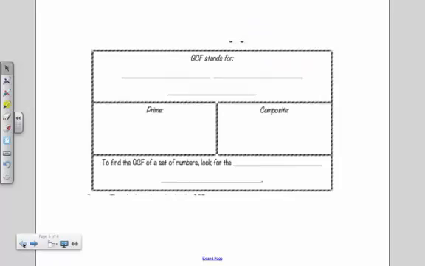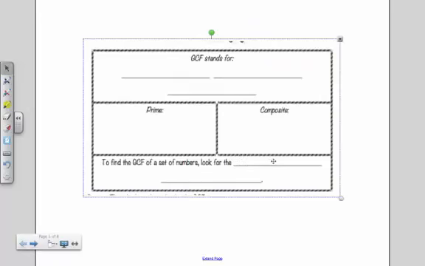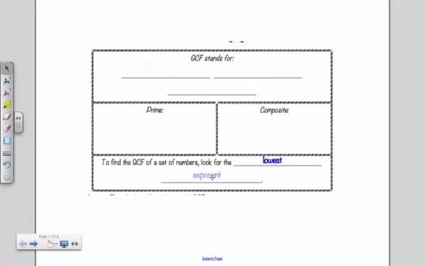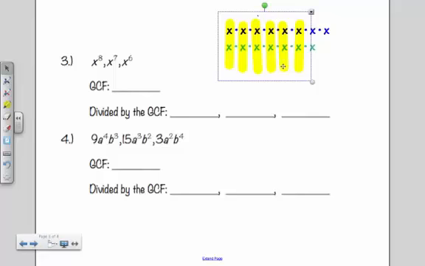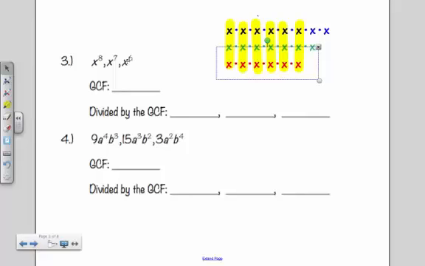Don't forget that we talked about this earlier, that when we're looking for the GCF, the shortcut is just to look for the lowest exponent. So, for example, the lowest exponent that's in common with all of my variables here is x to the 6th power right here. 8, 7, 6. 6 is my lowest exponent.